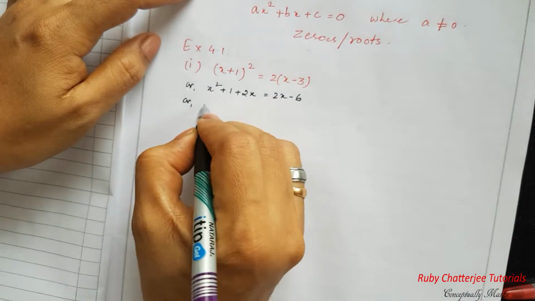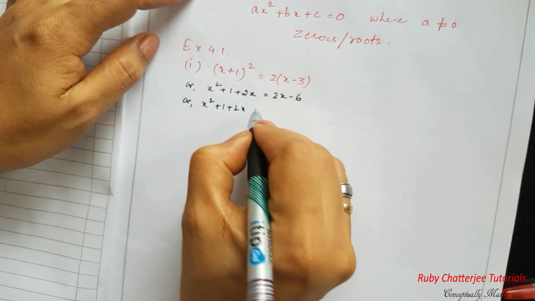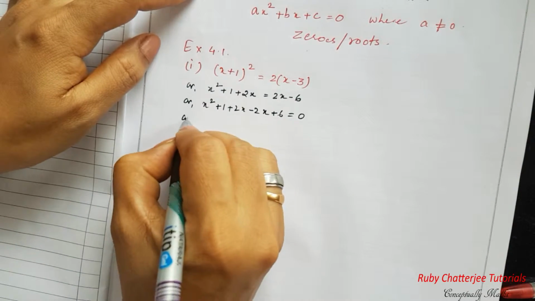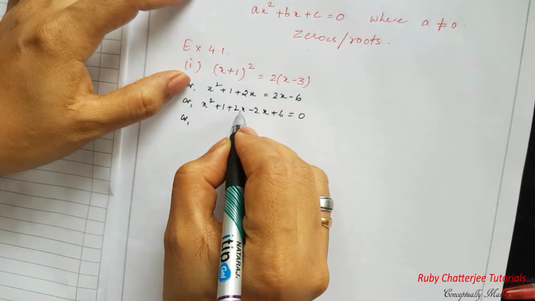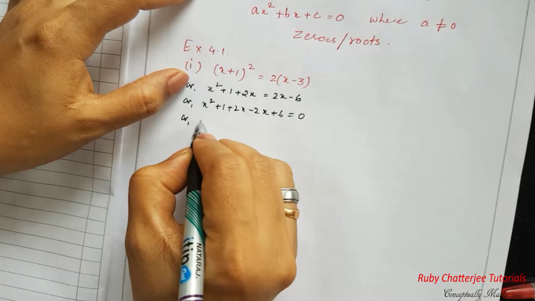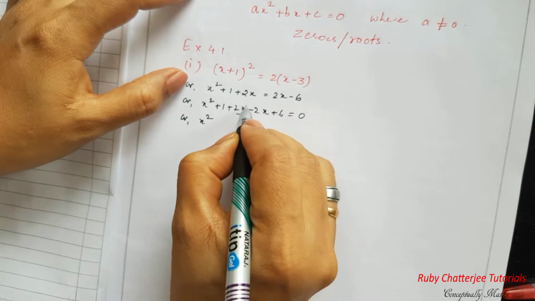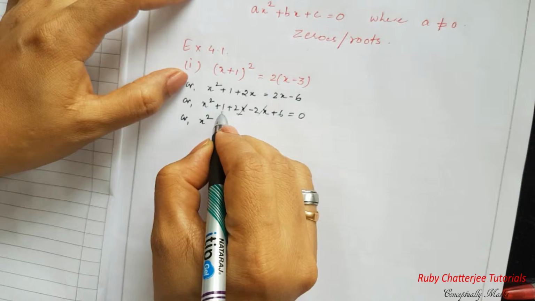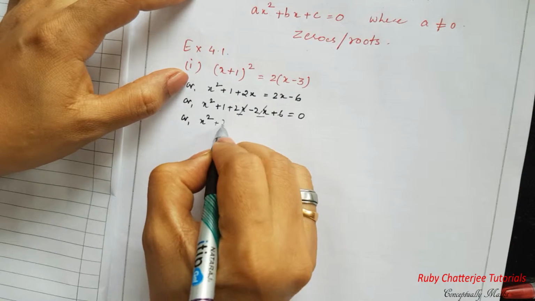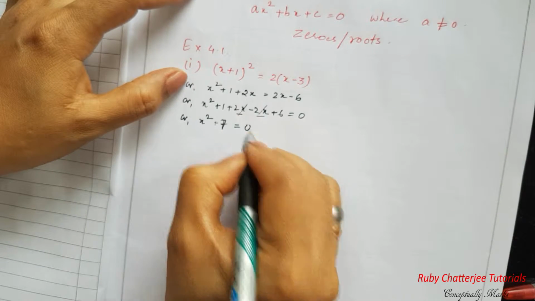So this gives me x square plus 1 plus 2x minus 2x plus 6 equal to 0. Now I simplify further by adding the like terms. So I get x square, and this and this cancel each other, and 1 and 6 are like terms, so this gives me plus 7 equal to 0.